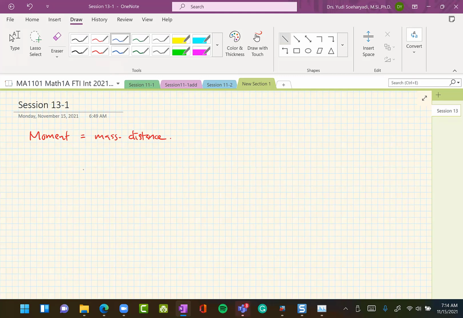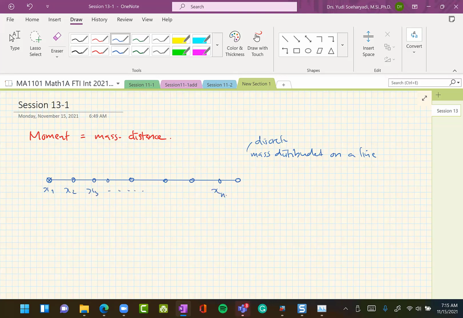Say you have a mass distributed over a segment of a line, discrete masses, so point masses, not necessarily homogeneous in the distribution. Say these are at x1, x2, x3, and so on, up to x_n, with masses m.